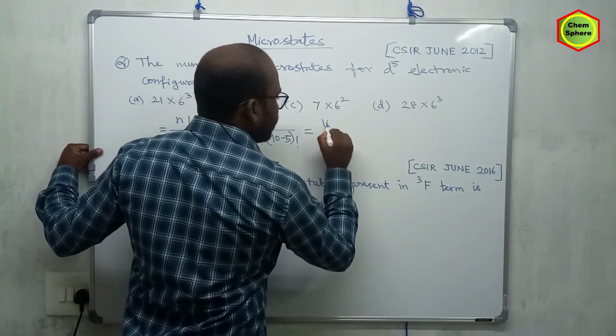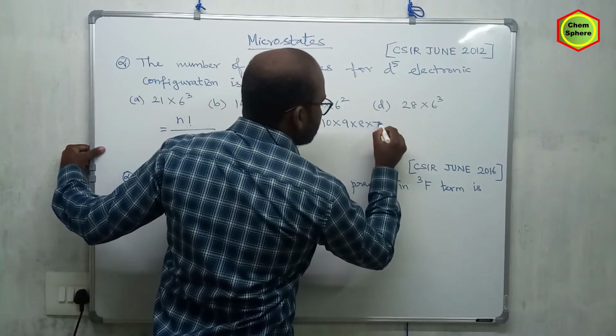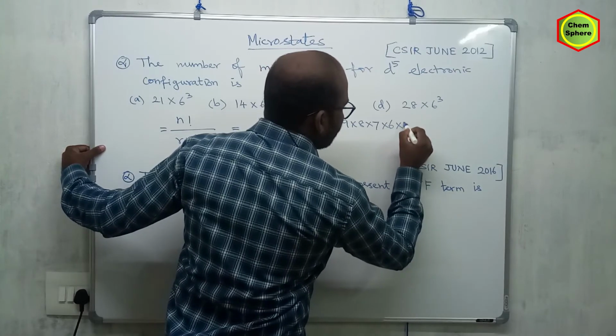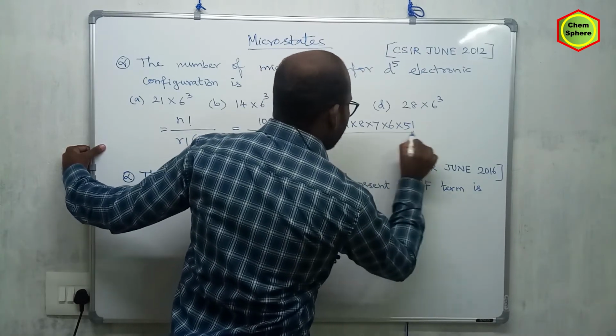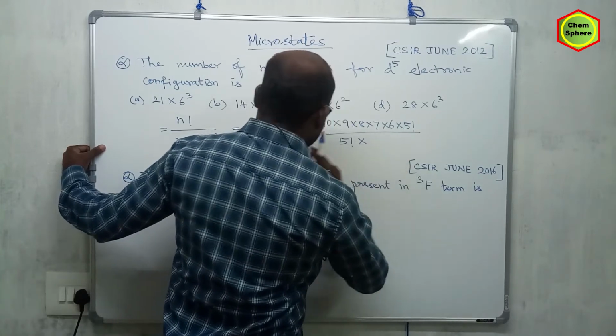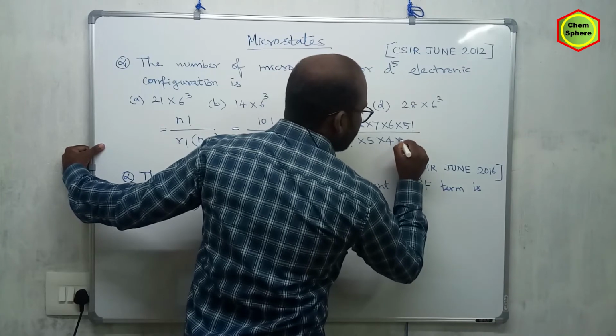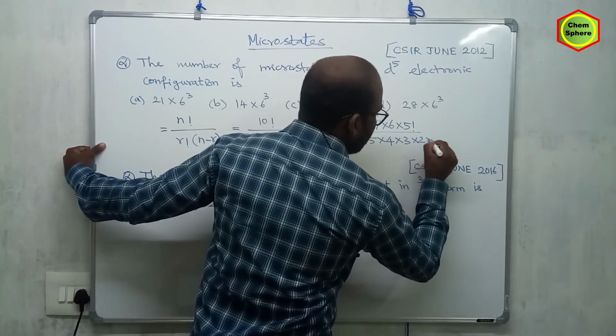Let us expand this. 10 into 9 into 8 into 7 into 6 into 5 factorial divided by 5 factorial, and then this one also 5 factorial, so 5 into 4 into 3 into 2 into 1.